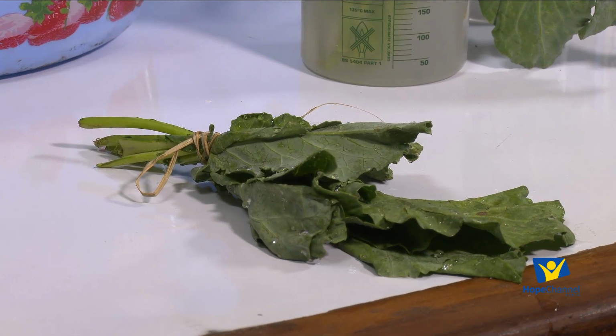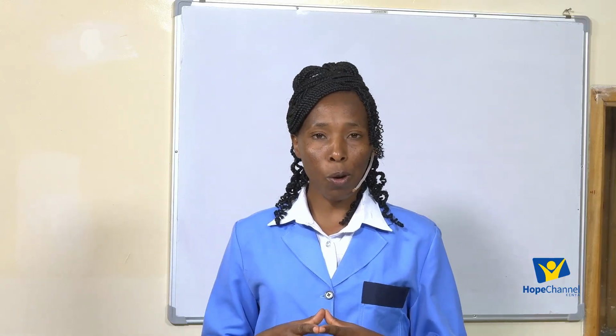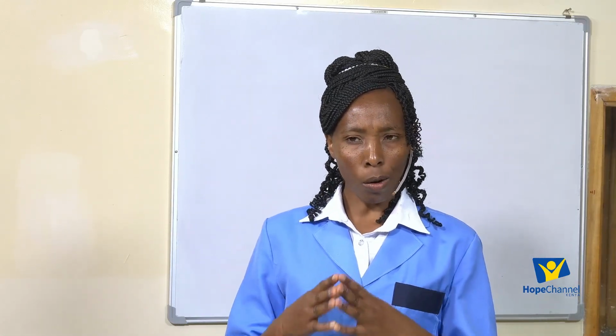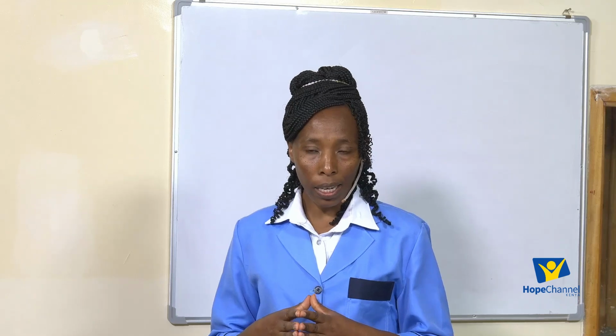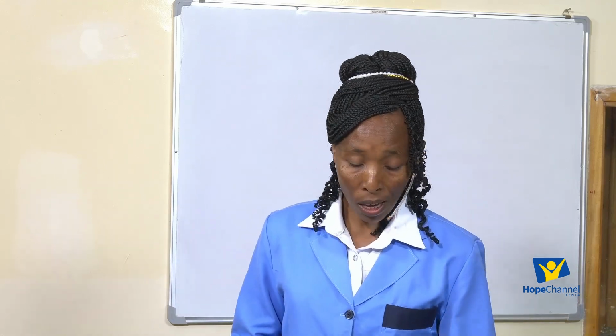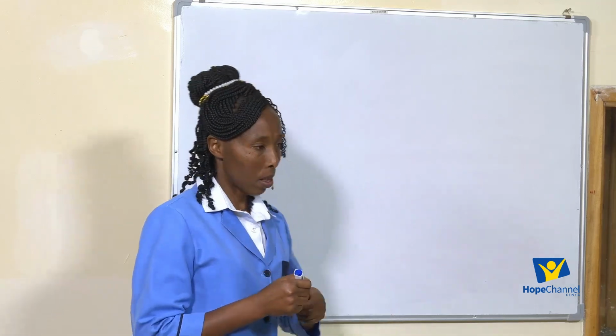So today, we want to learn about osmosis. What is the role of osmosis in plants? And we are going to pick one of the subheadings of osmosis and what osmosis does in plants.